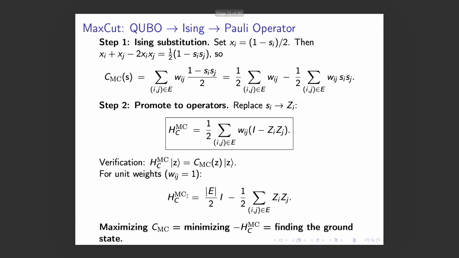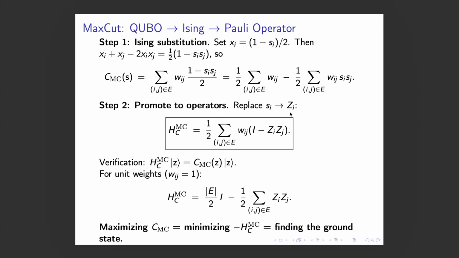And what I've done here in the slides is to go through the detailed calculations where we look at the max cut problem and make a transformation from QUBO to the Ising model, and then translate everything in terms of Pauli operators. So the max cut problem is rephrased like this. And then you promote to operators.